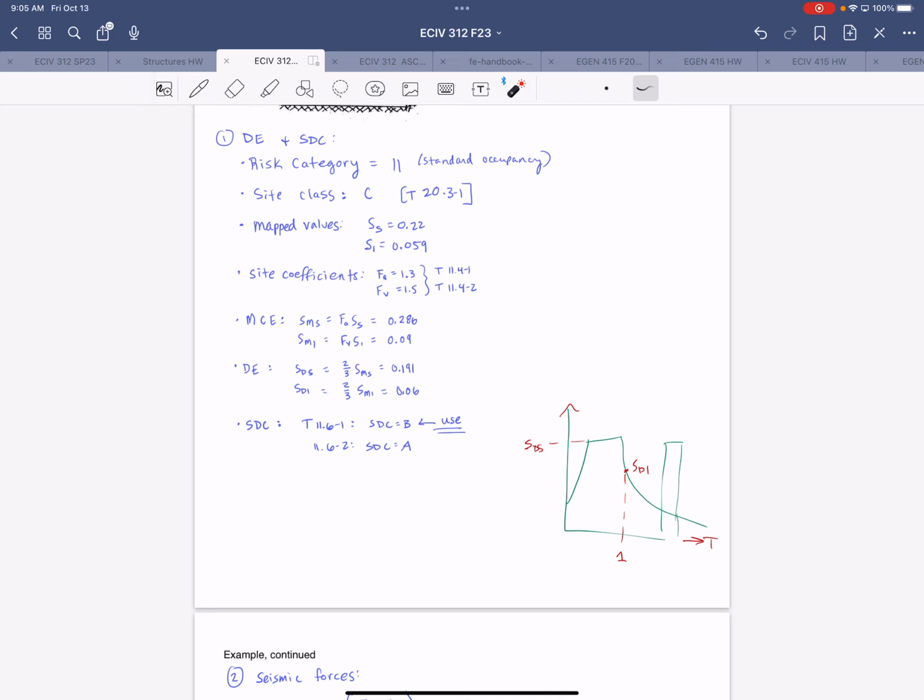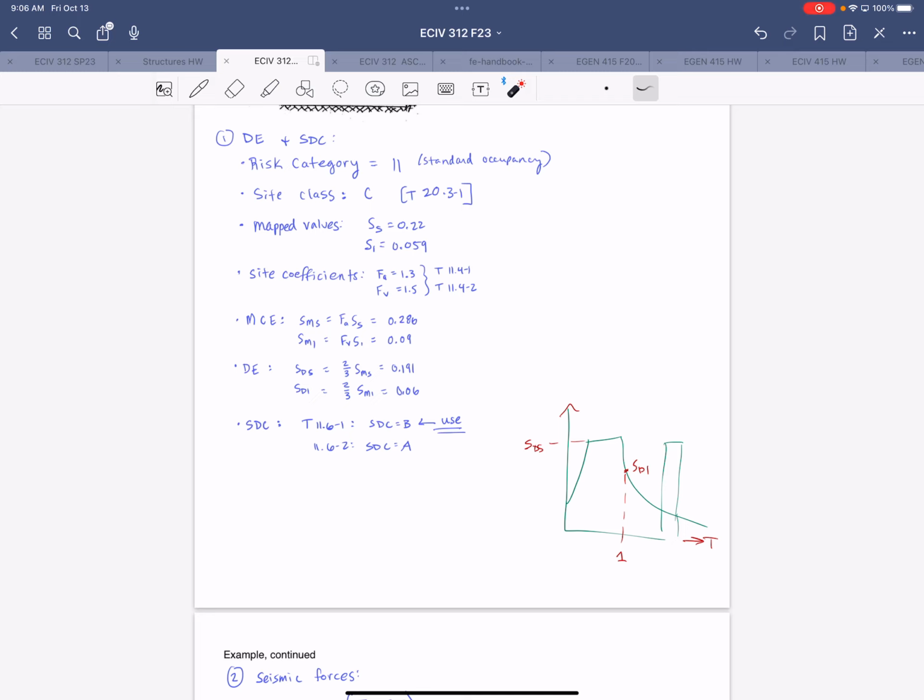A risk category 4 building in the design earthquake should be able to be immediately occupied after the event. So we definitely want those to remain available to people for occupancy. At the maximum considered earthquake level, we would design those risk category 4 structures for a life safety level.